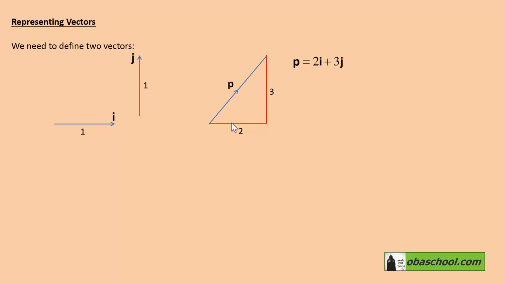We take 2 steps in the x direction, so we do 2 lots of this unit vector, and then 3 lots of this vector to go from here to here. We can also write that in column vector notation as (2, 3). And you'll notice when I work with vectors that this is my preferred form.